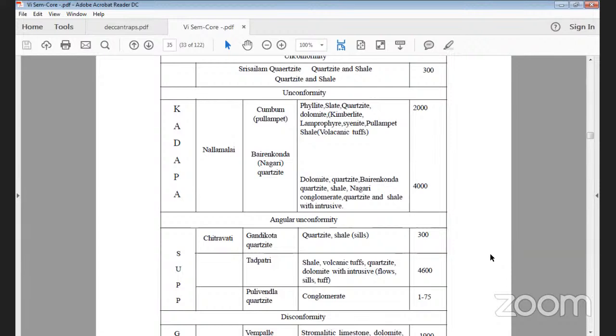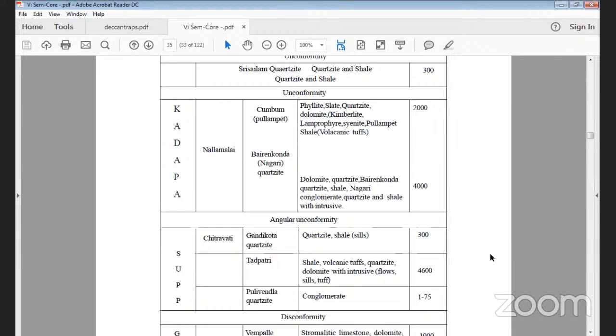Coming to the Pulampit or Kumbam formation. In the Kumbam formation, we see different types of lithological characteristics or structures: phyllite, slate, quartzite, dolomite, and so on.